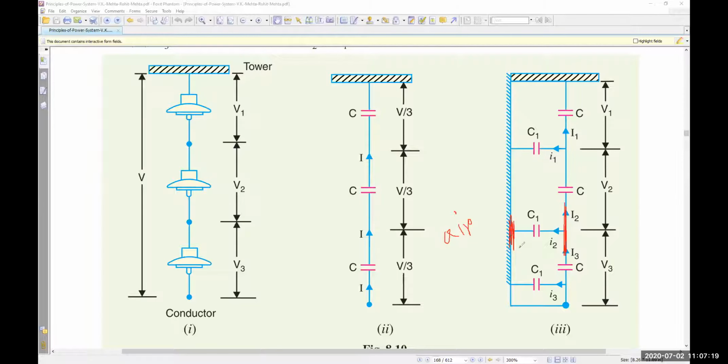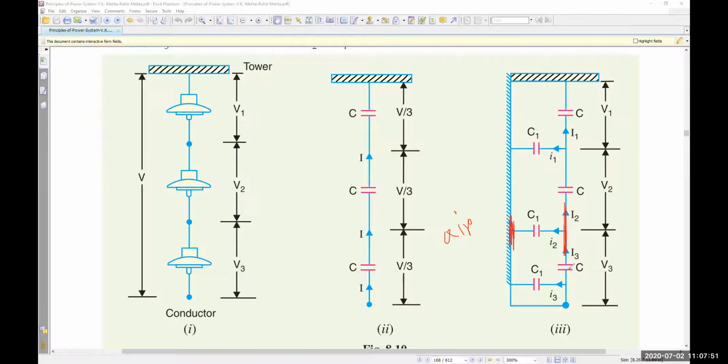That tower is metal, and in between the insulator discs you have metal. This is a disc, this is a disc. In between the discs you have metal. In between the metals, you have air. Air is insulator. So this will be a capacitor as well.